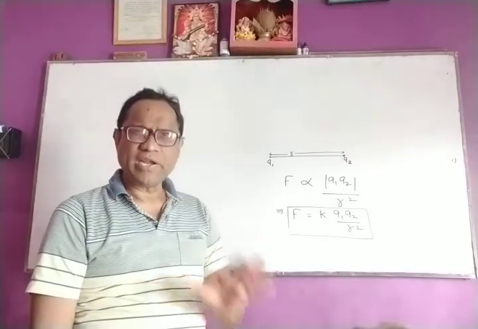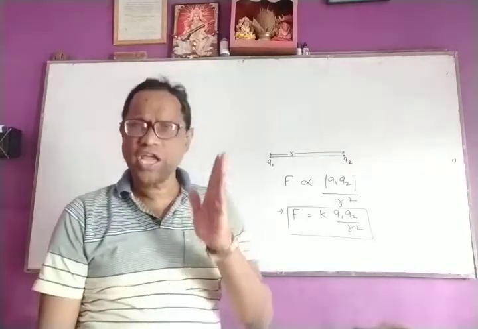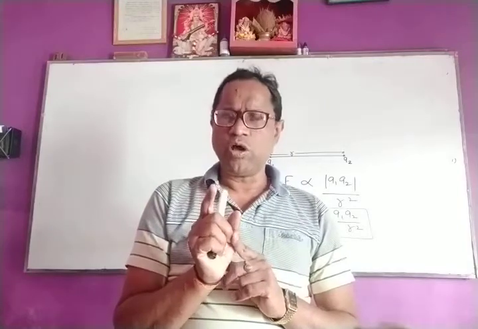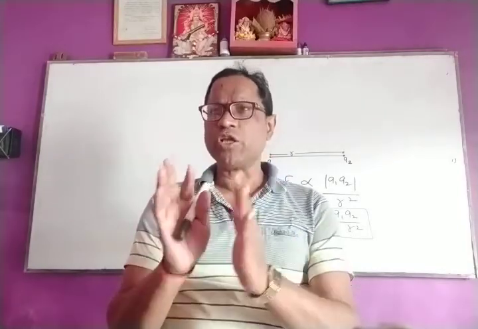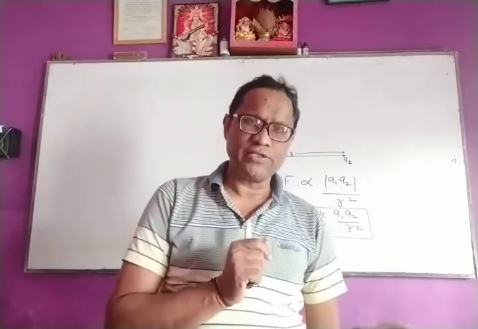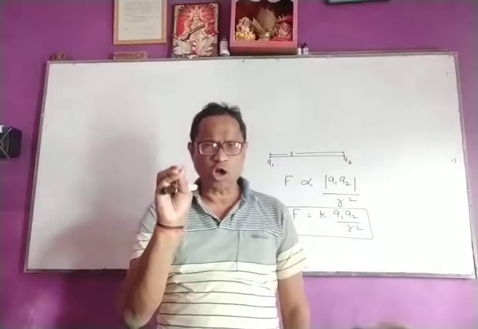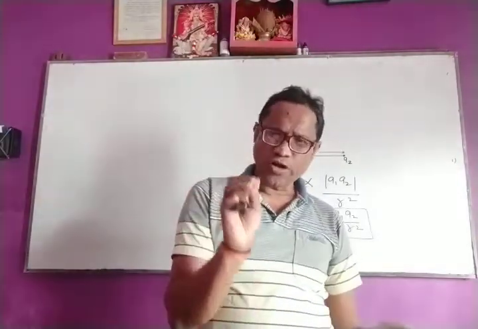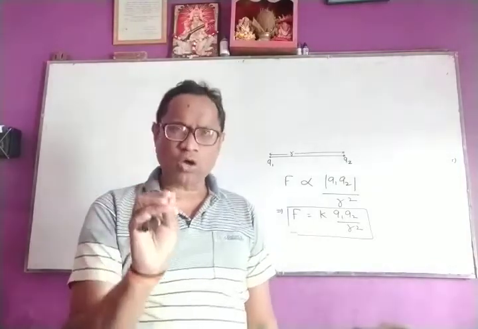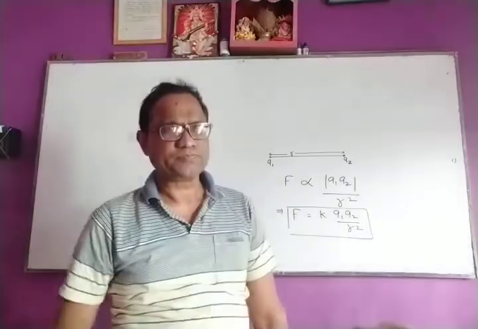So it is the mathematical form of Coulomb's law: F is equal to small k Q1 Q2 by R square, where small k is the constant of proportionality known as the electrostatic force constant or Coulomb's constant.